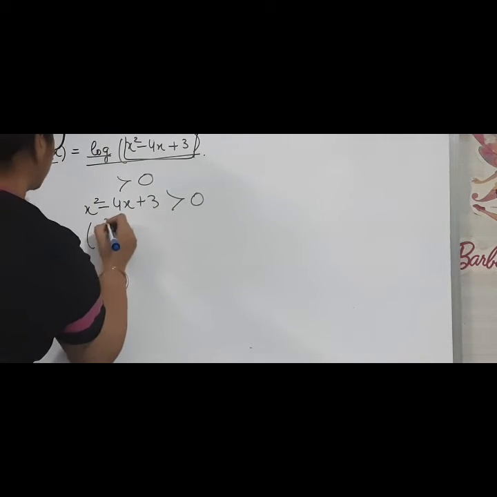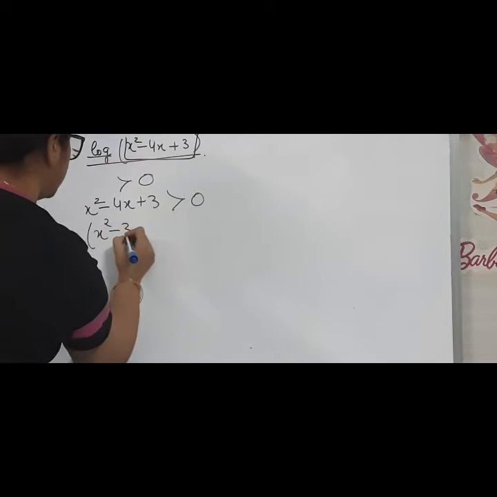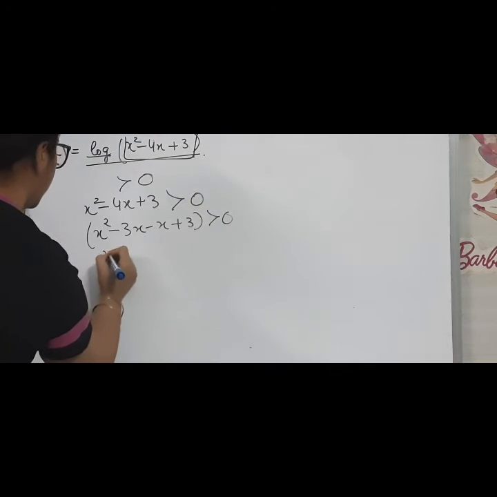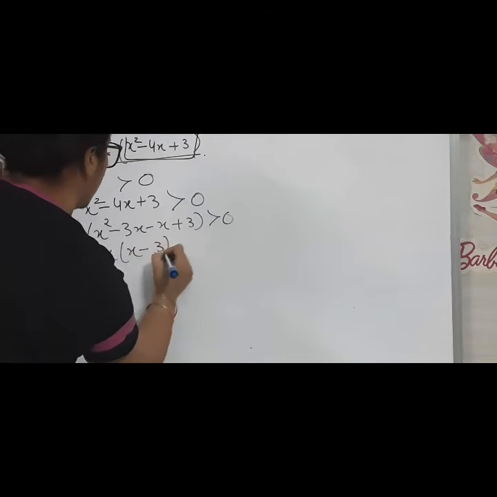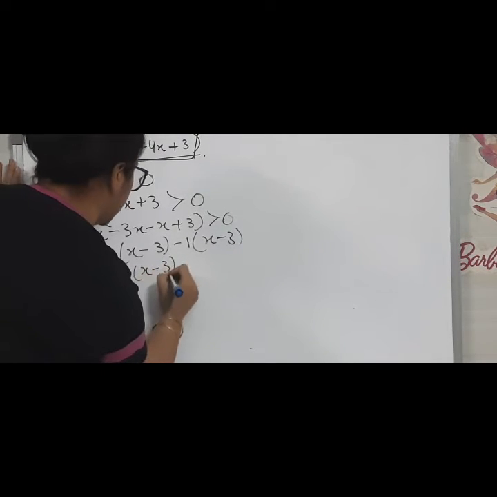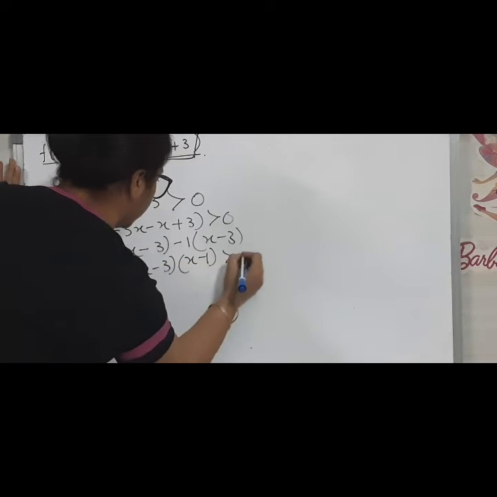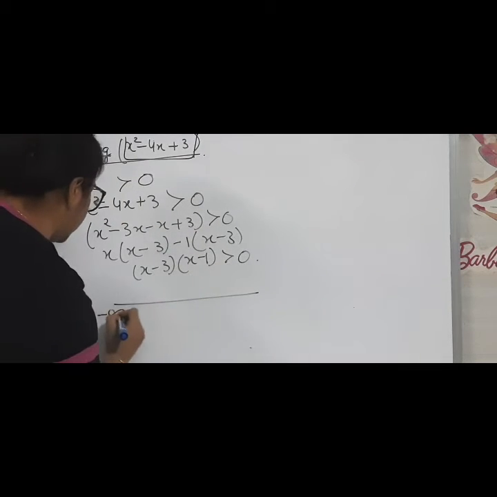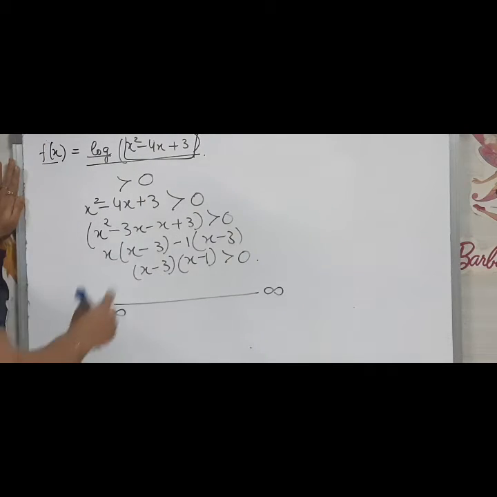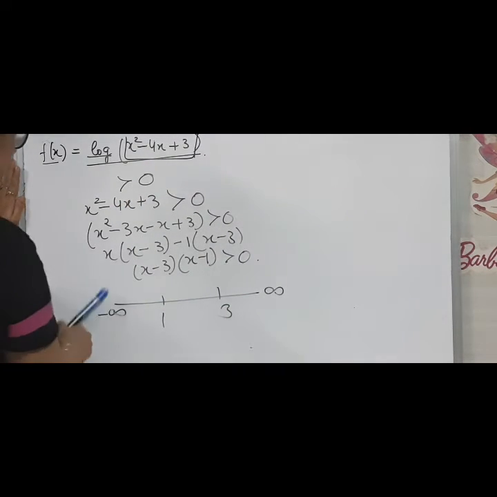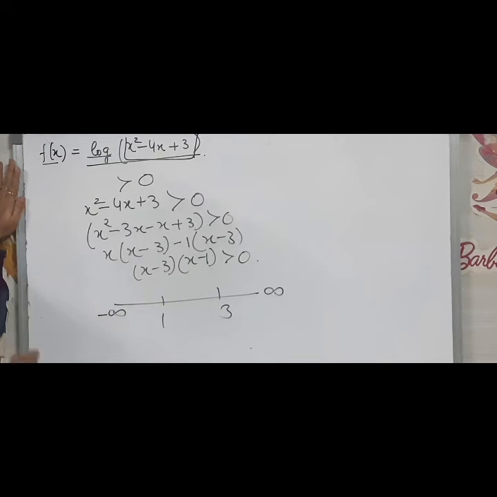Now I will factorize it. Minus 3x minus x plus 3 greater than 0. x minus 3 minus 1, and x minus 3. It came (x − 3)(x − 1) greater than 0. Make a number line, minus infinity to infinity. What are the values? 1 and 3. Now coming to minus infinity to 1, what should be your number? Let it be 0.